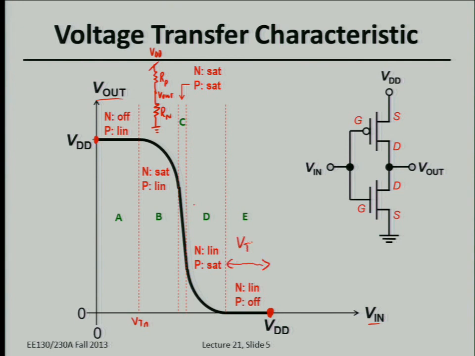It's going to be equal to the threshold voltage for the PMOS device. Once the input voltage goes below VDD minus VTP, the gate-to-source voltage of the PMOS device will be more negative than VTP. So then you start to see the PMOS device turn on.